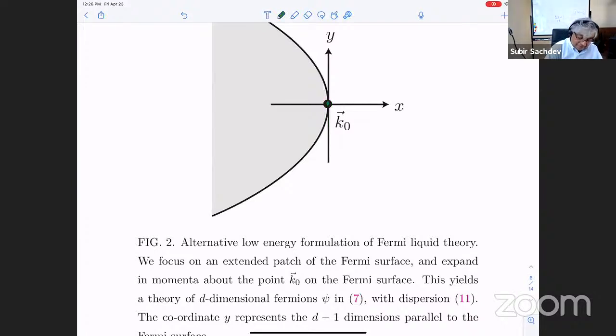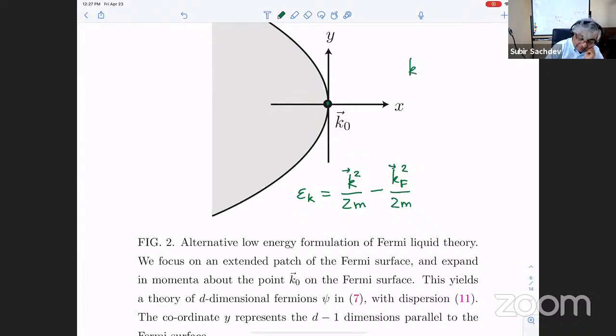So my Ek, even if I suppose my energy Ek was, let me give you an example, just k squared over 2m. Let's just take it, even for a spherical Fermi surface, this happens, but you can work with any shape. And so there's a chemical potential, which I call kf squared over 2m.